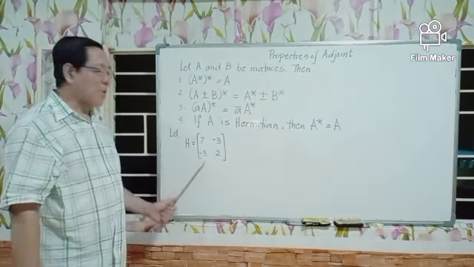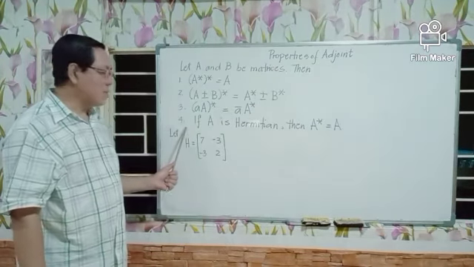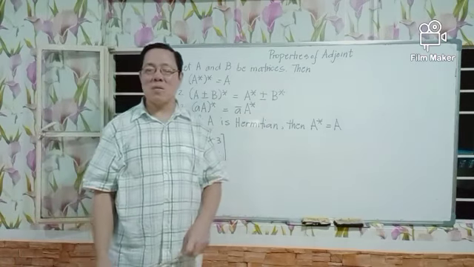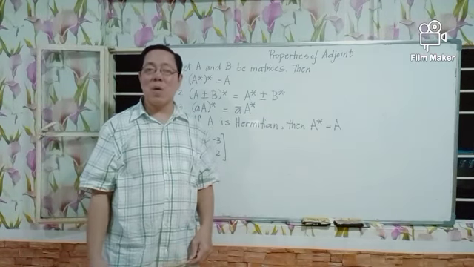We take an example to show the fourth property. A Hermitian matrix, as we have taken before, is a square matrix.